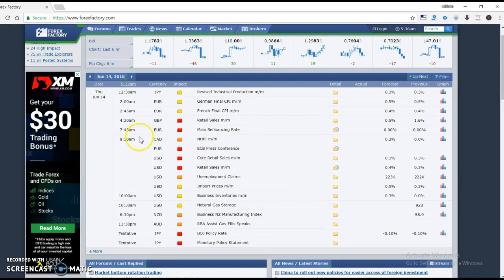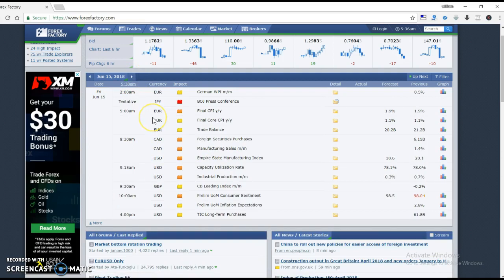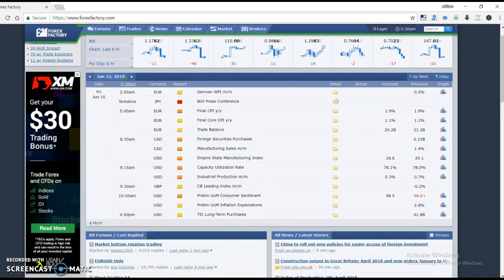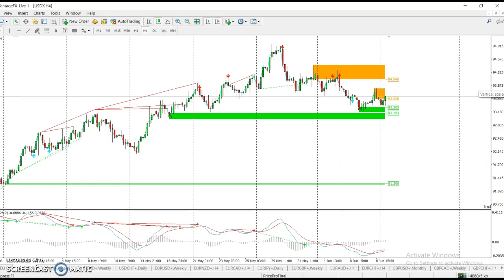Yeah, so a big week news-wise. So if you're trading, be very careful during the day trading. Just be very careful this week, because the news can cause the markets to turn very sharply.